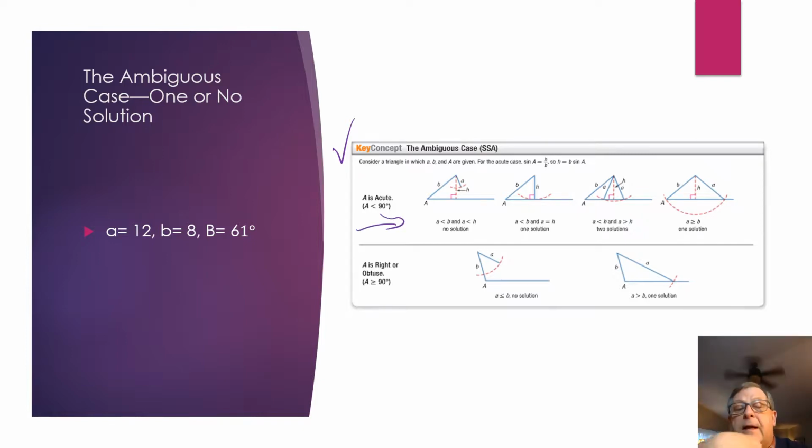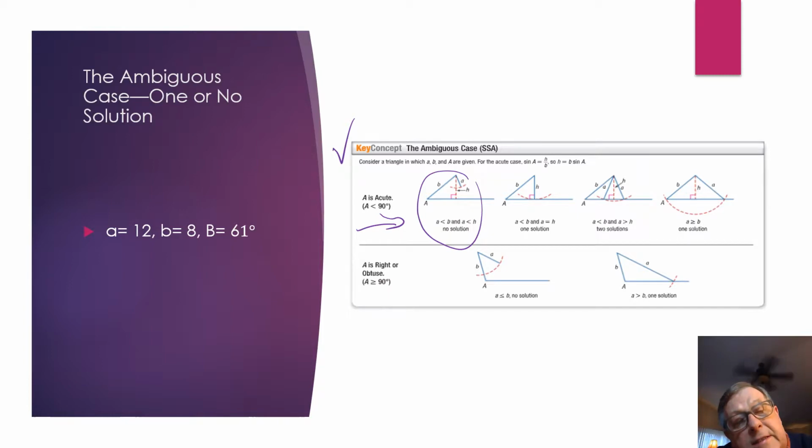And since it's acute, I'm going to be up in this section here trying to figure out what's going on. Now, the reason I say if we follow this to the letter, if I look at this first case, where a is less than b, and then a is less than h, I might be tempted to compare a to b. Well, a is greater than b. But I really need to rearrange this because this is really about the side opposite the angle I know.